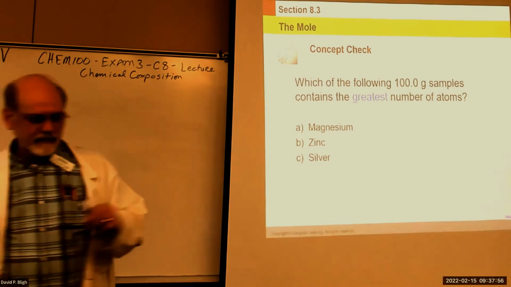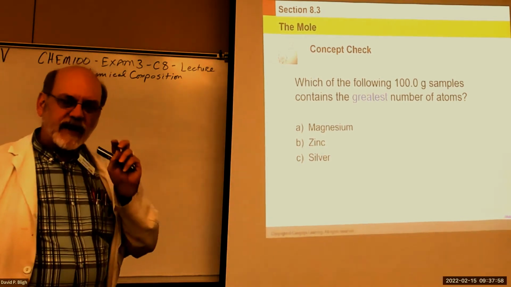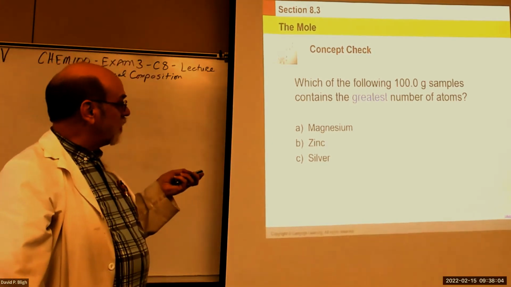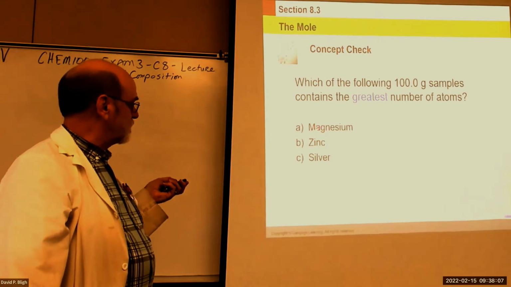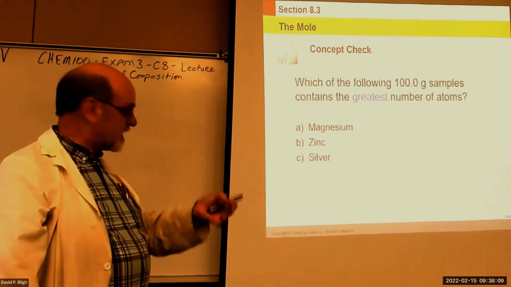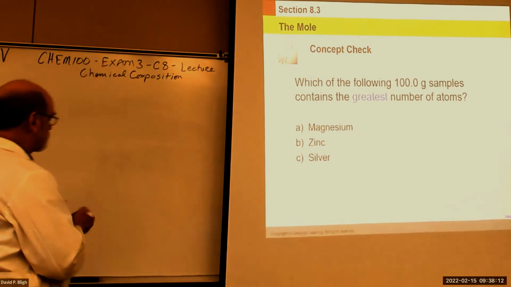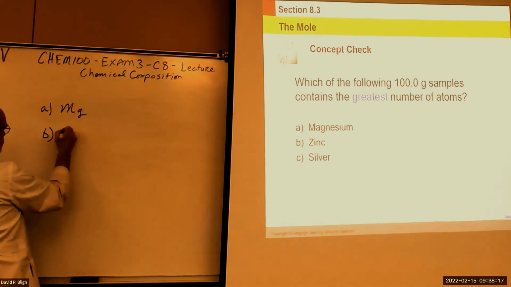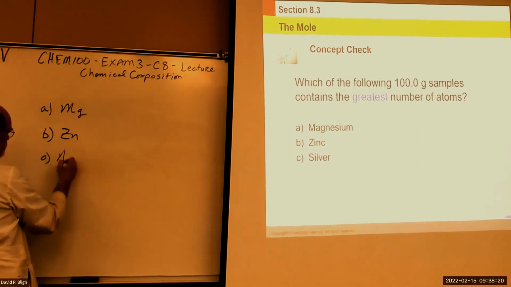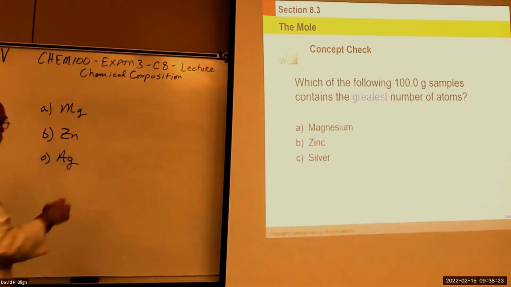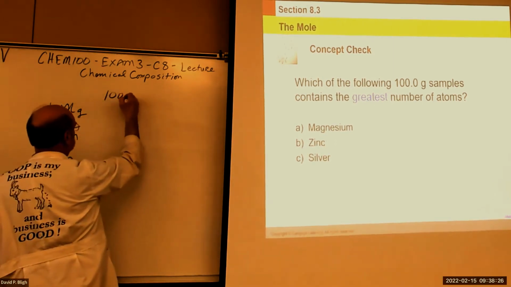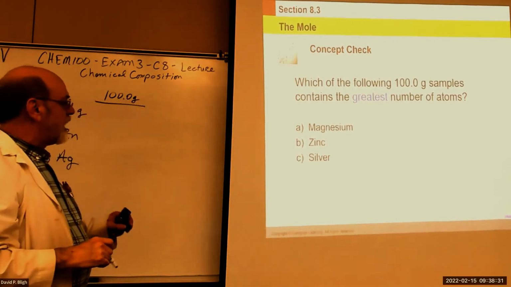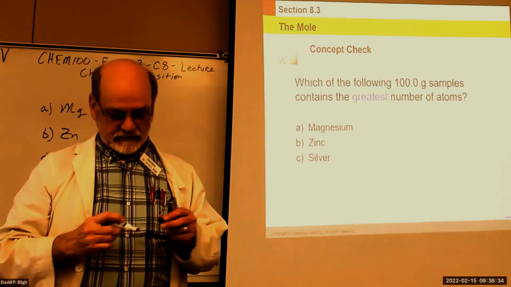This question gets you to thinking about the relative size of atoms. If we have 100 gram sample of each of these metals, magnesium, zinc, and silver. All right, we've got 100 grams of each. Which of the following contains the greatest number of atoms?